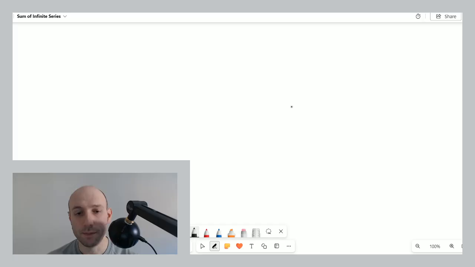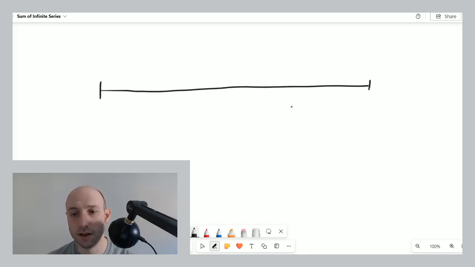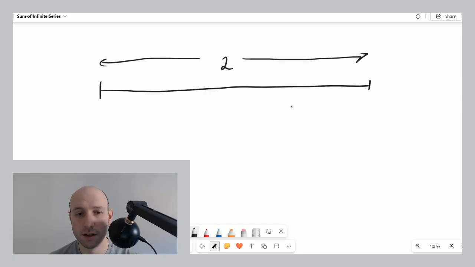So here's one way. Let's say we have a distance of 2 meters. Or why don't we make it kilometers? Doesn't really matter. So let's say you start here, and you're always moving half the distance until the finish line.